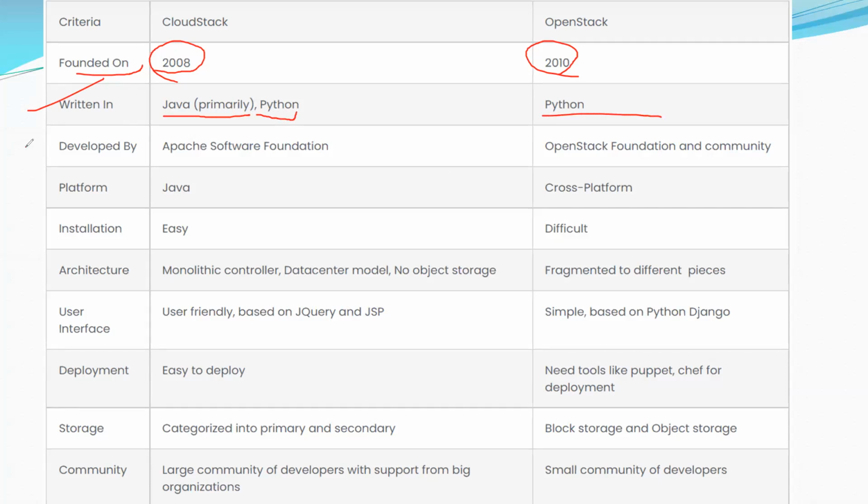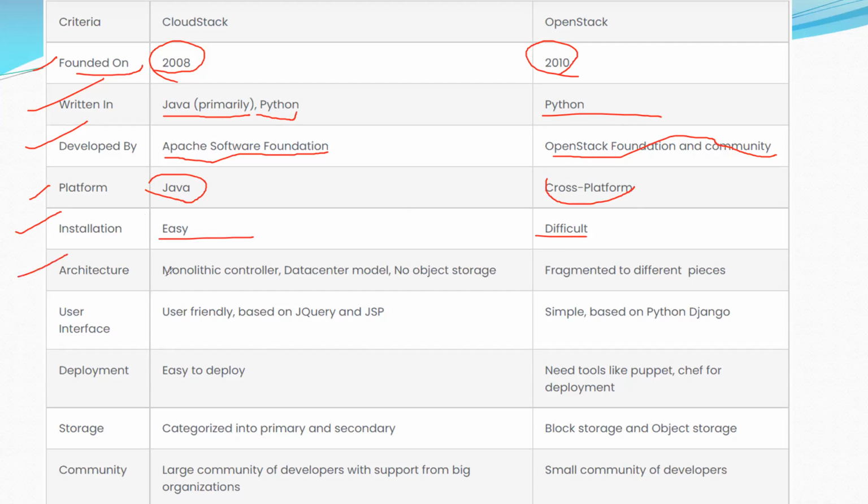CloudStack is developed by the Apache Software Foundation, whereas OpenStack is by the OpenStack Foundation and the community. The platform used is Java in case of CloudStack, whereas OpenStack is cross-platform. Then installation is a little bit easy in case of CloudStack. It is difficult in OpenStack.